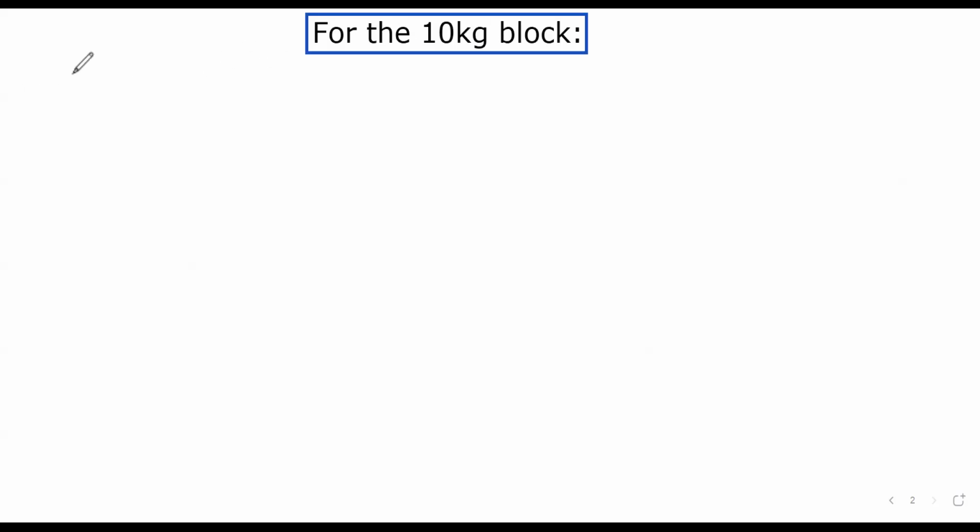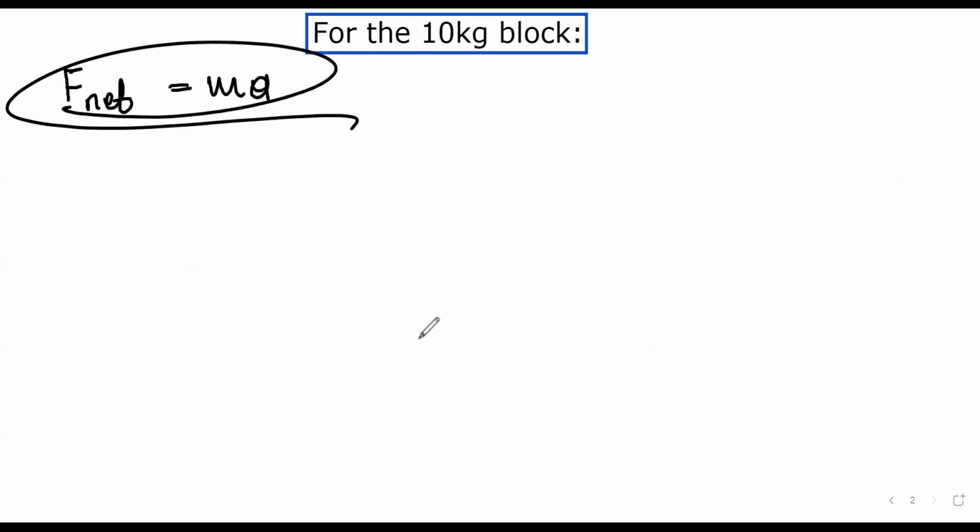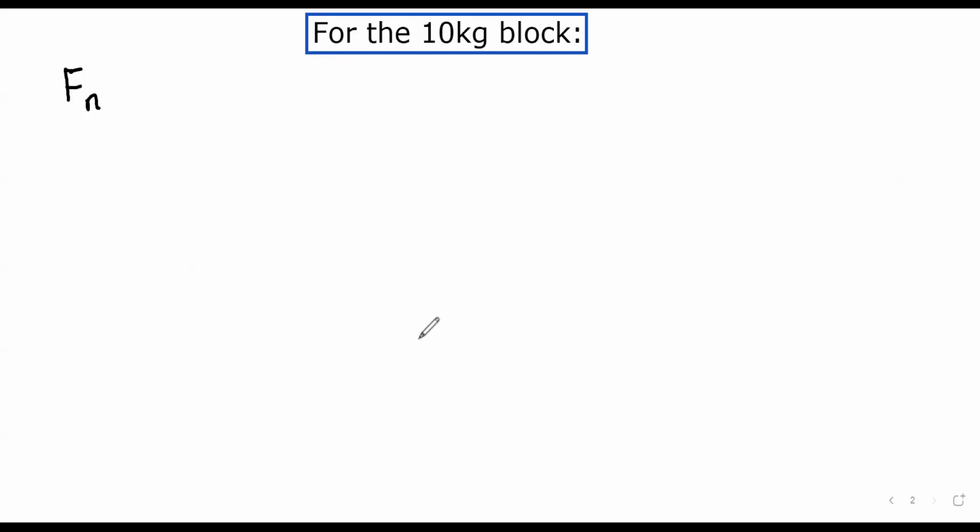And once again, I'm going to state the principle F net equals MA. And by the way, you don't have to use the same equation twice in the same question. Do you get me? So you could have decided not to write it this time around and just go straight to the point and say, well, my tension force is going to be positive, but my gravity is going to become negative.